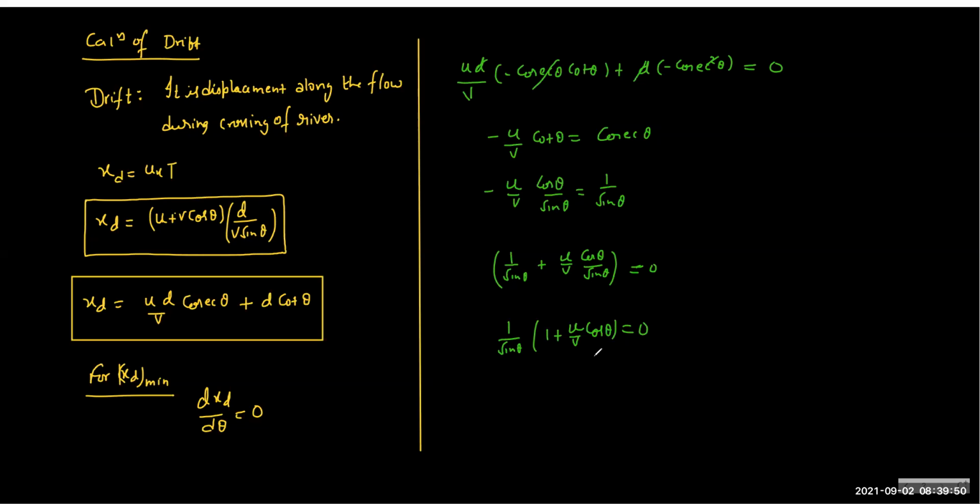Cos theta is minus v by u. Even that answer is okay. It says minimum drift to 90 plus something.